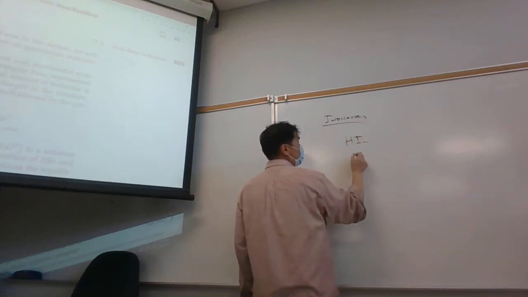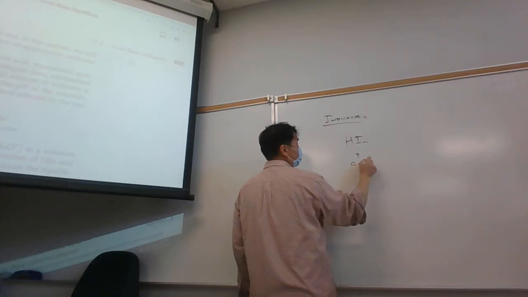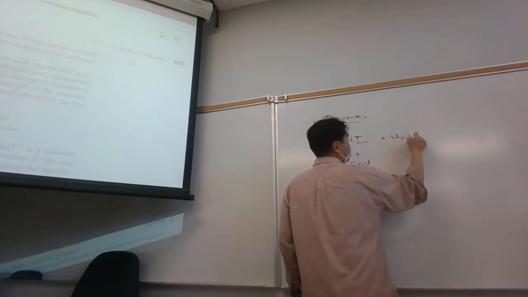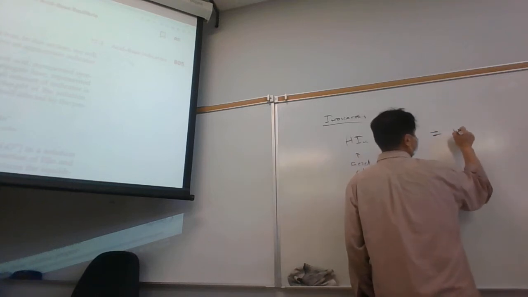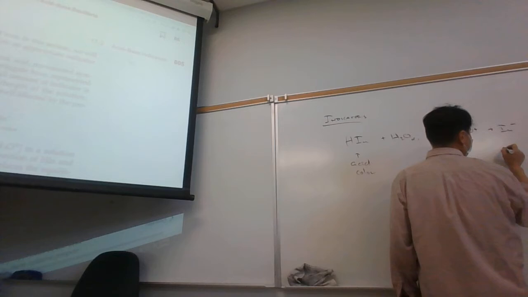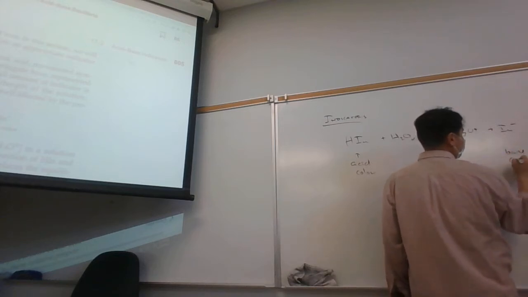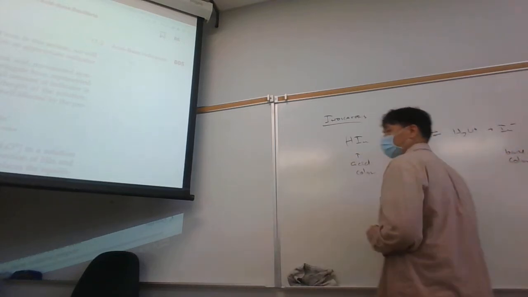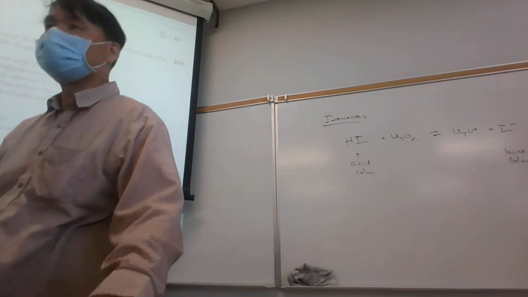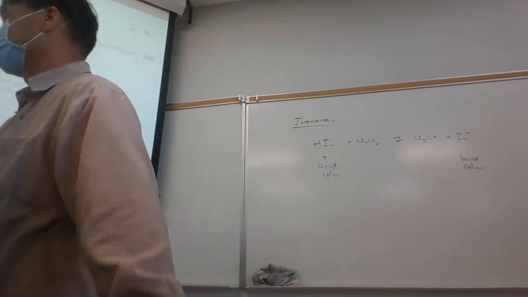HIn is going to have the acid color, and that's going to be in equilibrium with In minus. In minus, its conjugate base, will have the base color. If the two colors are different, then we can use it as an indicator.